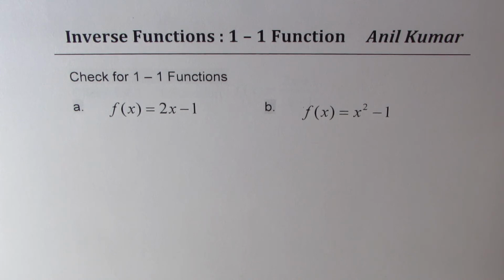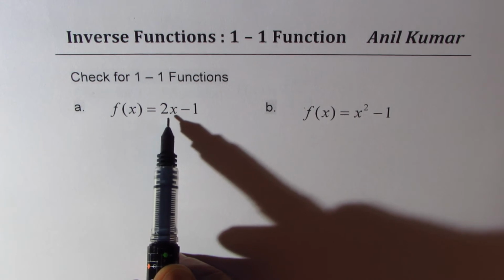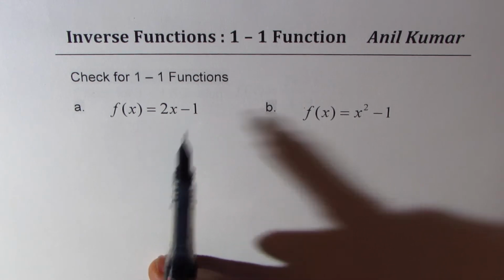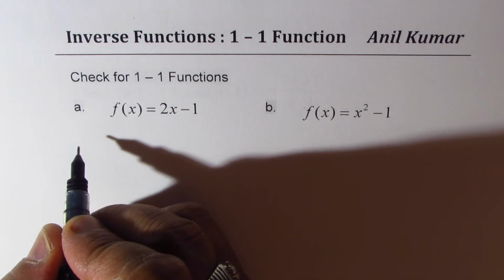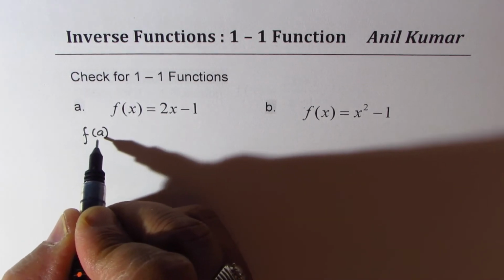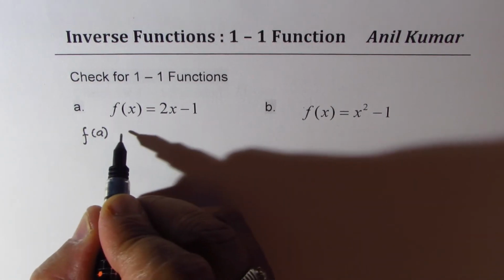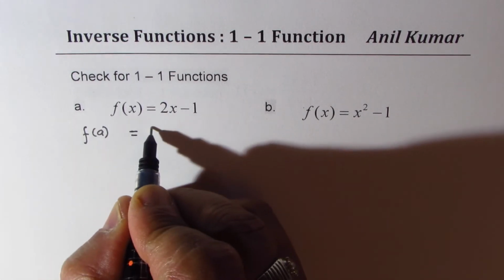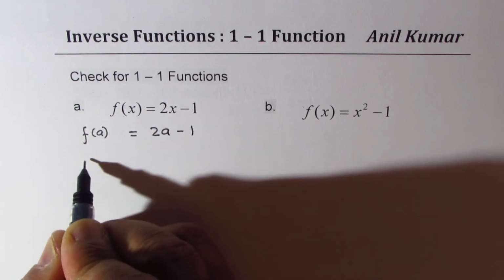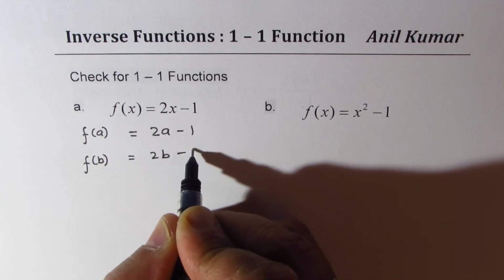So let's take these two. We have a linear function, f of x equals 2x minus 1. So let's say that a is an element in the domain, then f of a will be equal to 2a minus 1, and f of b will be 2b minus 1.